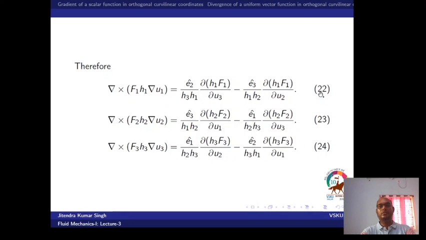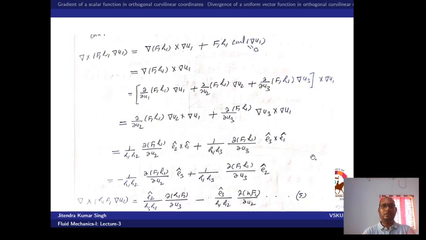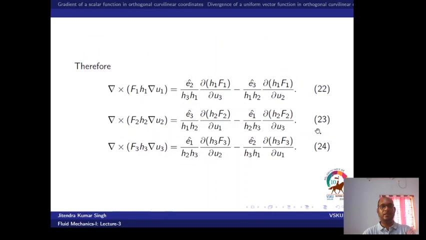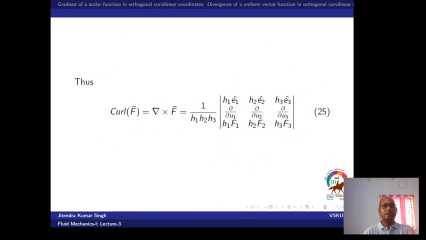Now we shall use equations 22, 23 and 24 in equation number 21. When we use these in equation 21, we can express the summation in terms of a determinant. Then we can write curl of f is equal to 1 by h1 h2 h3.